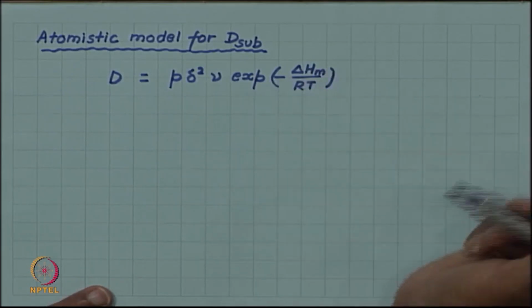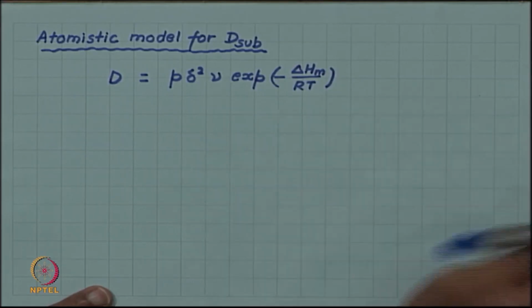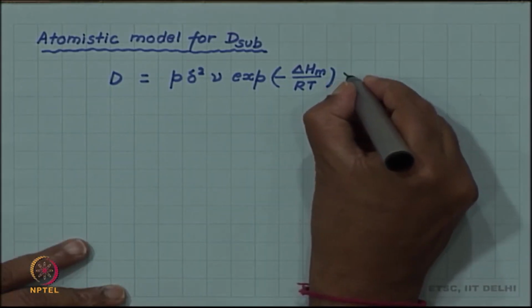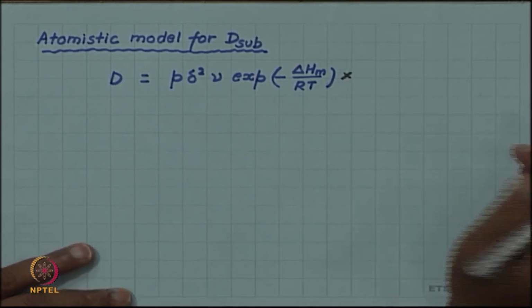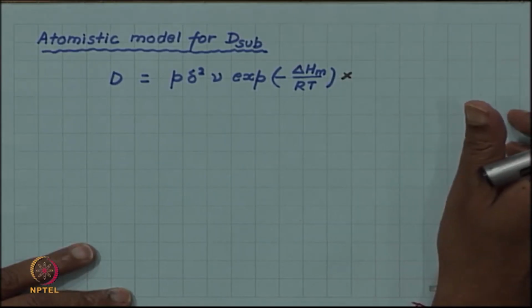So, exponential minus delta Hm by RT, but we have to further multiply this by the probability, because the jump will not be successful unless the next site is vacant.